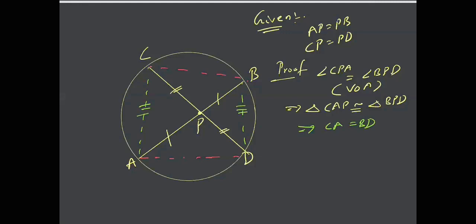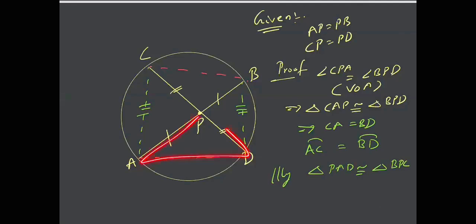Fine. Now, if two chords are equal, then their arcs are also congruent. So arc length AC is equals to arc length BD. Fine. So similarly, you can prove that triangle PAD is congruent to triangle BPC. That is, these two triangles are congruent by the same SAS criteria.